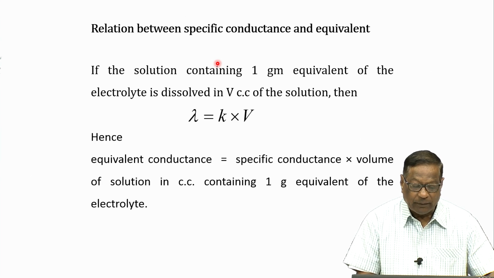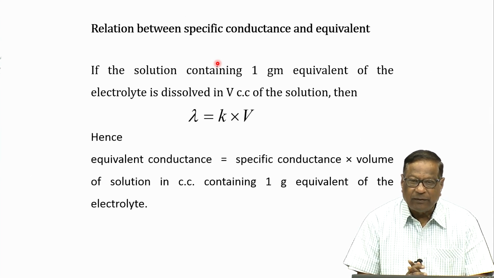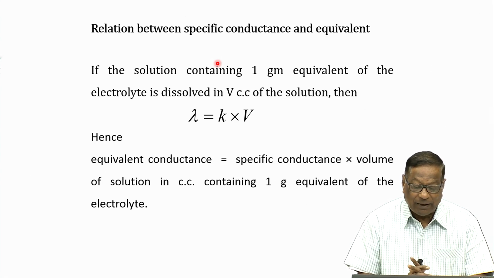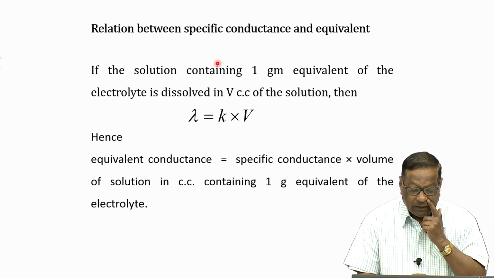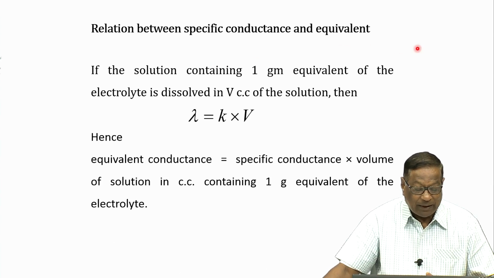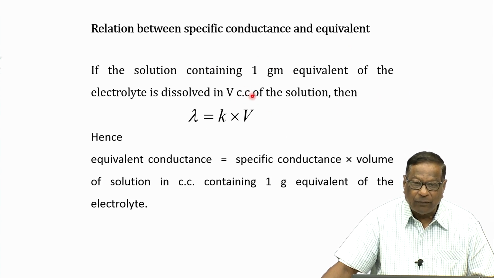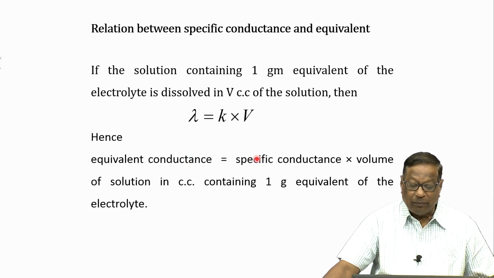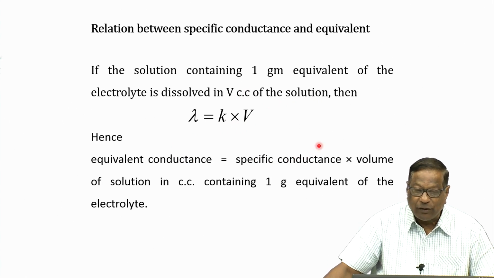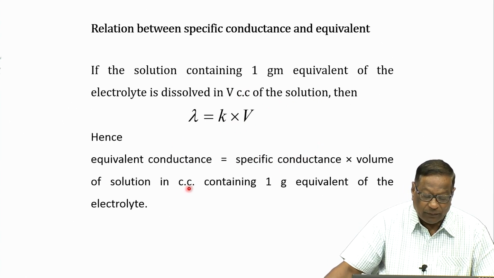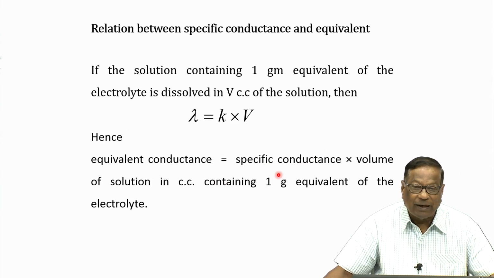We can derive a relationship between the specific conductance and equivalent conductance. If the solution containing 1 gram equivalent of the electrolyte is dissolved in V mL of the solution, then lambda should be equal to K into V. So, equivalent conductance is equal to specific conductance times the volume of the solution in mL containing 1 gram equivalent of the electrolyte.